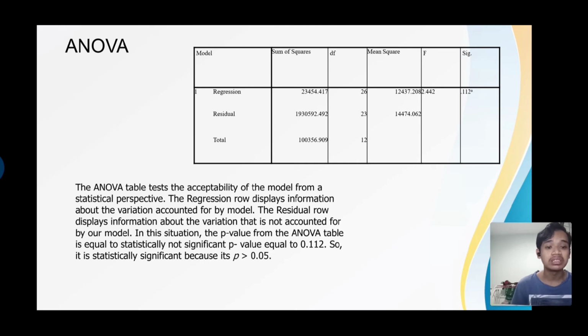In this situation, the p-value from the ANOVA table is 0.112, a statistically not significant p-value, because it is bigger than 0.05.